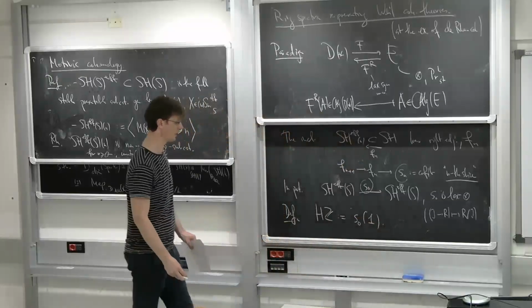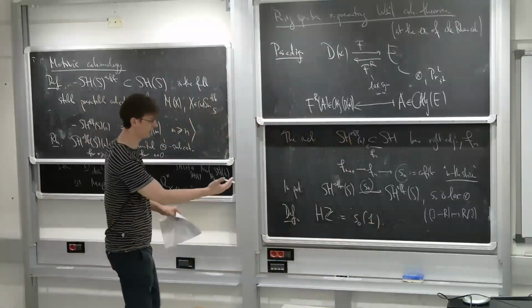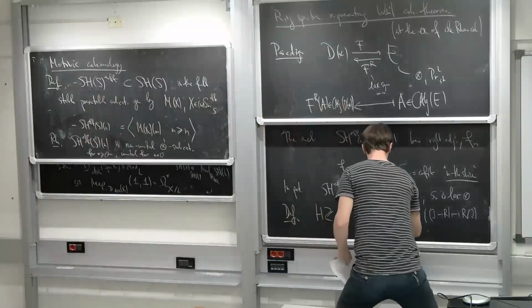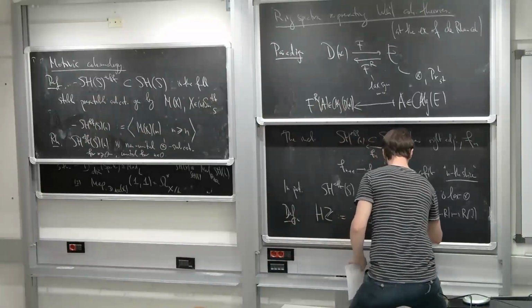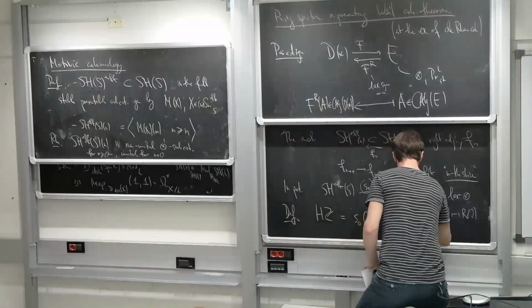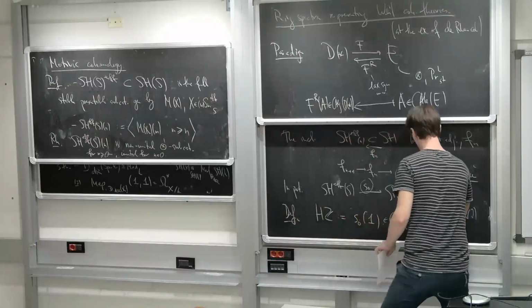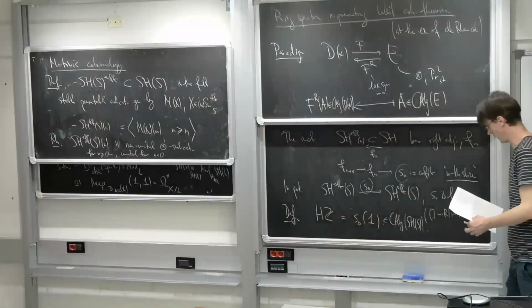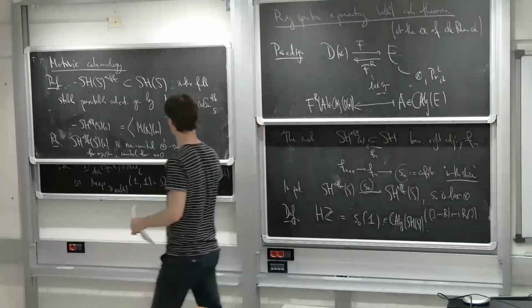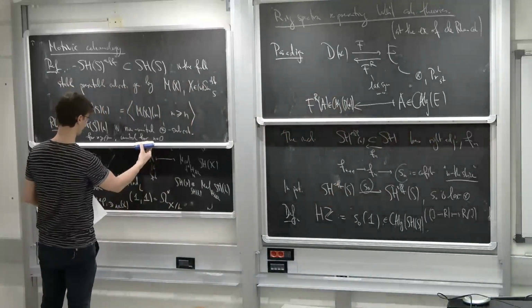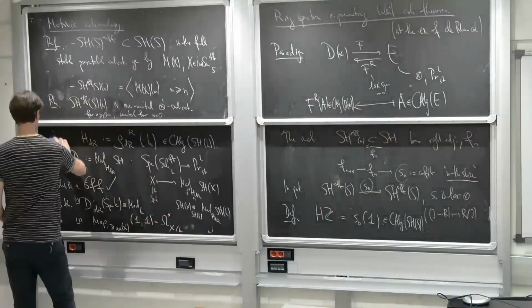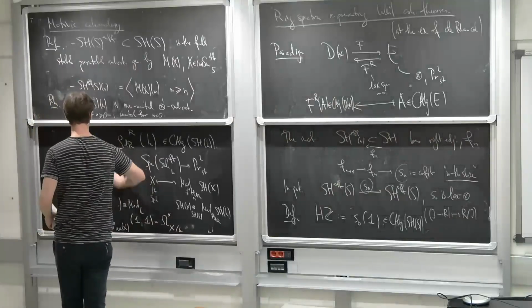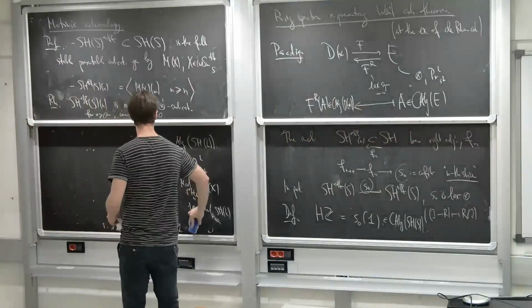So whatever it is, at the very least it's a commutative algebra object in SH of S, or even SH if you wish, which in other words is a ring. Why do I call this HZ is completely out of the blue.